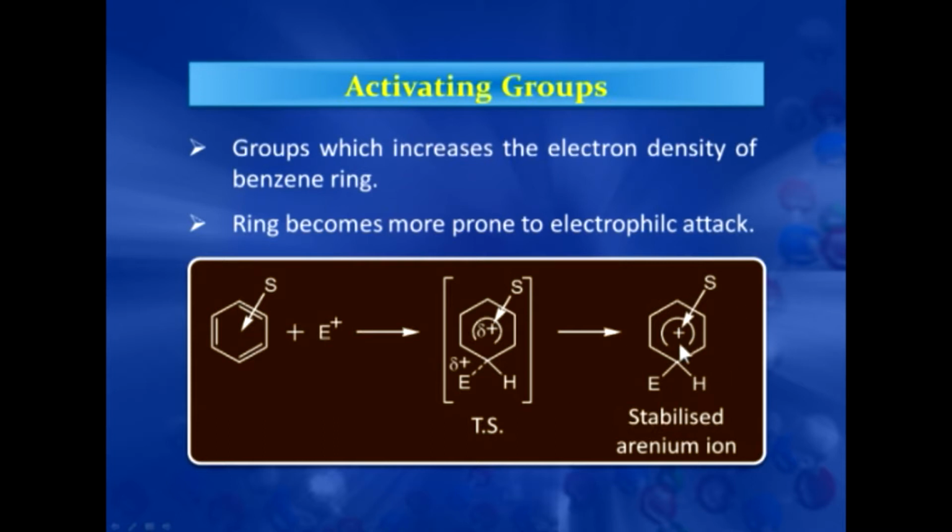So, any factor which decreases this positive charge will stabilize this arenium ion. So, if this S is an electron donating group, it decreases this positive charge. That means it stabilizes this arenium ion, and due to this stability of the arenium ion, E activation decreases and the rate of reaction increases.